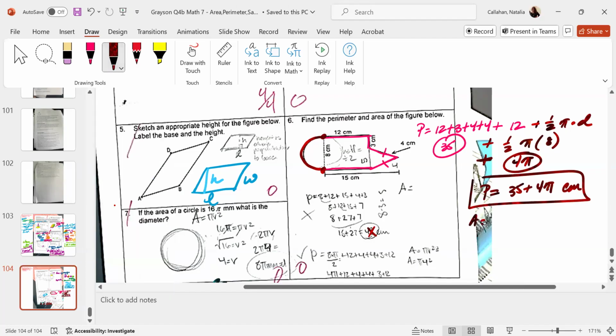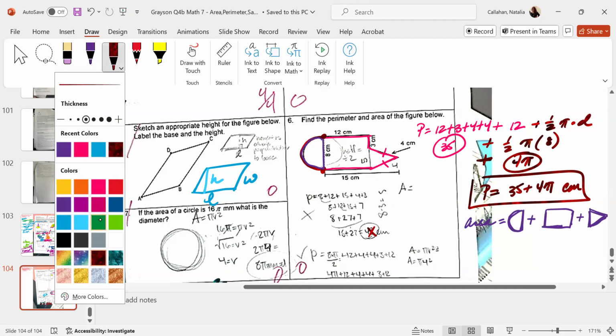For the area, if I'm breaking the area down, what are the shapes that I have for the area? The shapes that I have for the area is semicircle, rectangle, and... Yep, you got it.